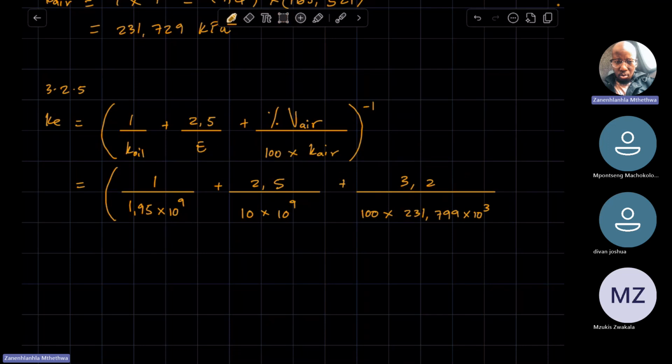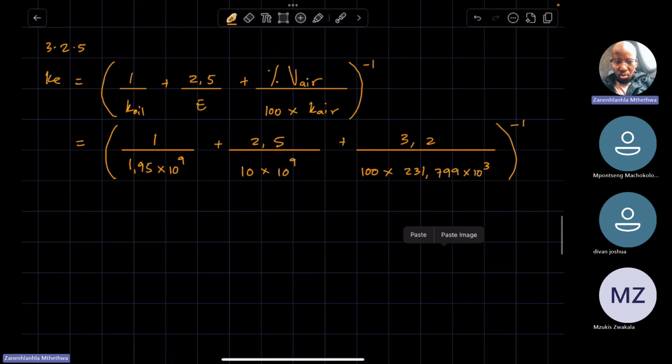Right, and of course, we have to calculate the inverse of all this. Right, now punch this in your calculators and then give me the magnitude of the effective bulk modulus in megapascals.